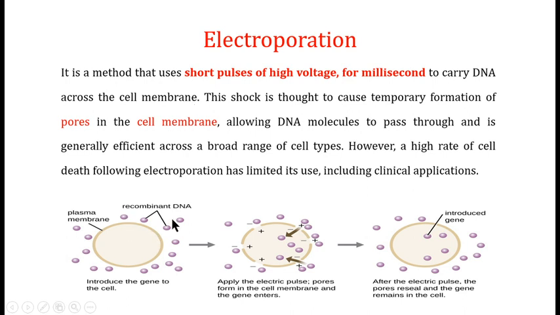If you look at this one, you have this recombinant DNA. This is your cell where you want to introduce this recombinant DNA, and this is the plasma membrane of the cell.